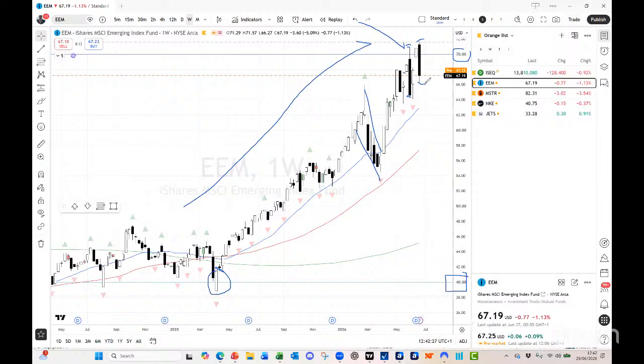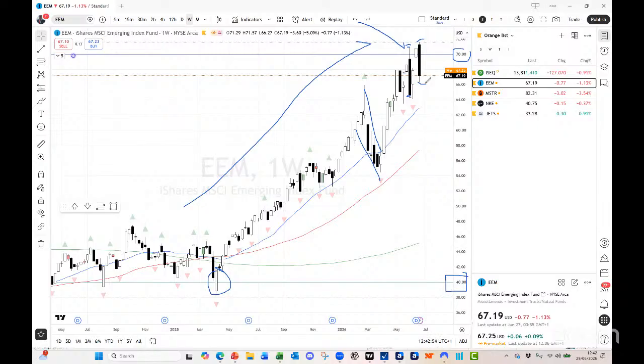The thing about EEM, of course, is it's vulnerable to any big moves in the dollar, whether it be a dollar bounce or risk off move. What we have seen is dollar strength, certainly over the last few weeks, and you have to wonder, is that what's also putting the brakes on EEM at the moment? Can those global equities hold up?